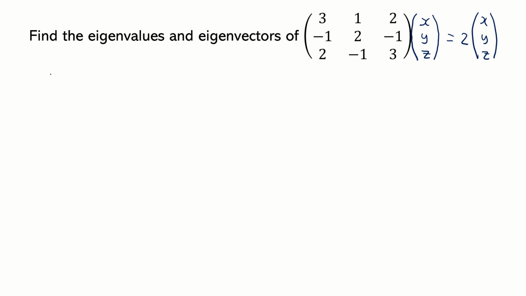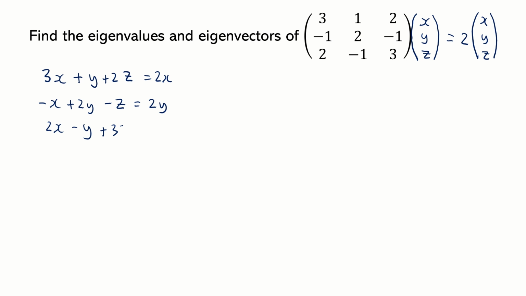So multiplying out the stuff on the left hand side, you'll get some equations. So we'll get 3x plus y plus 2z is equal to 2x. We'll get minus x plus 2y minus z is equal to 2y, and then we'll get 2x minus y plus 3z is equal to 2z.